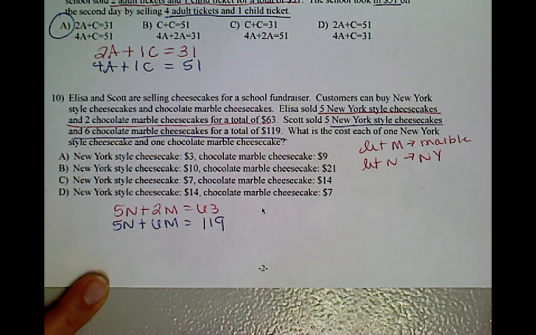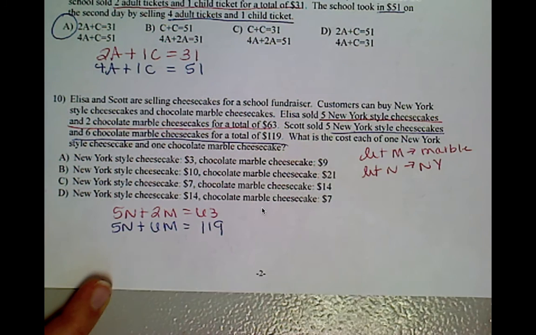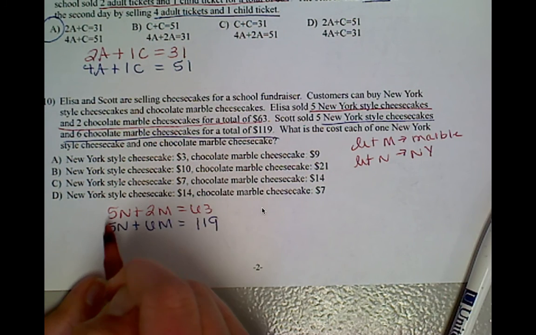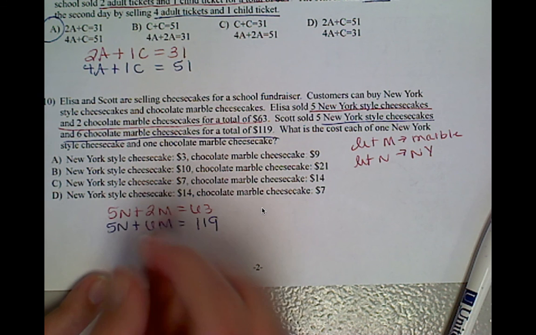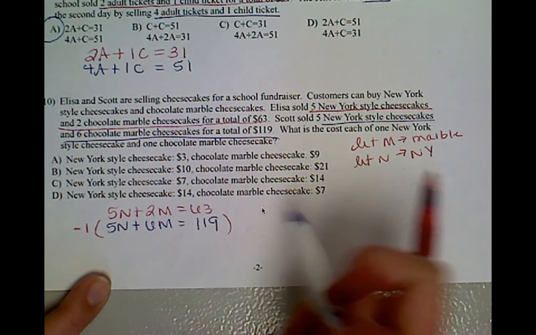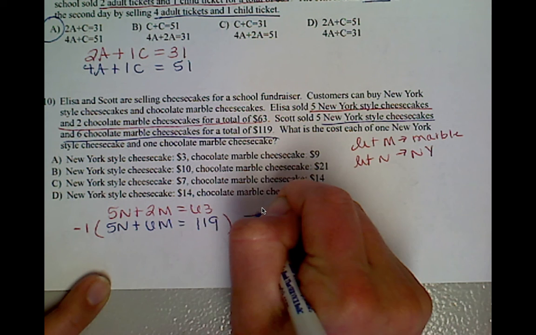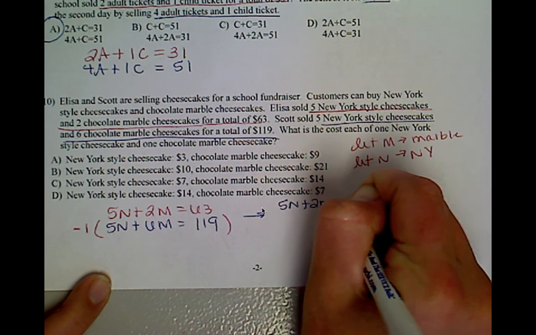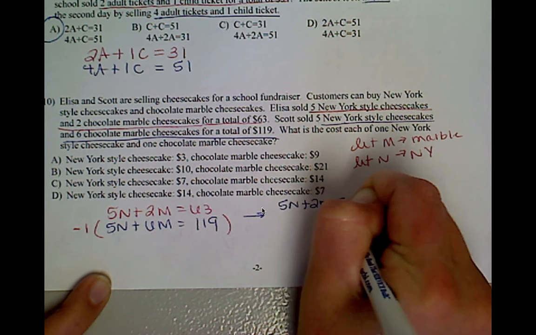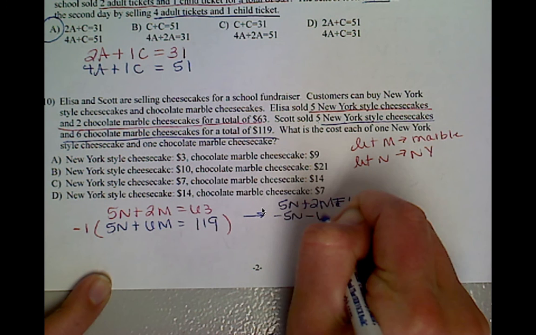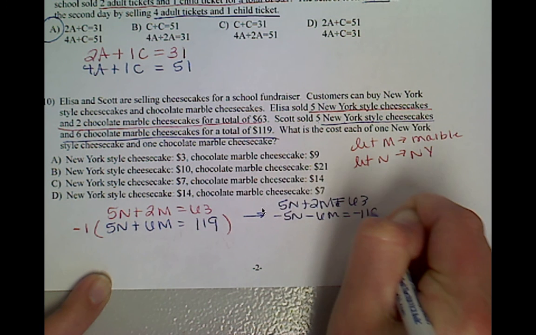So now when I'm looking at this, I'm going to solve by using the elimination method because it's already set up for it. So I'm looking at these. I love those 5s, but I need one of them to be negative. So I'm going to multiply this one by a -1, so that way I'll have a +5 and a negative 5. So I'm going to rewrite the top. Sorry, messed up there. And I'm going to distribute the -1. -5m, -6m equals -119.